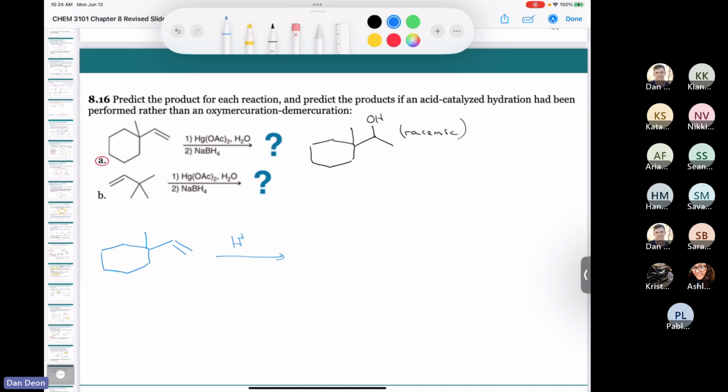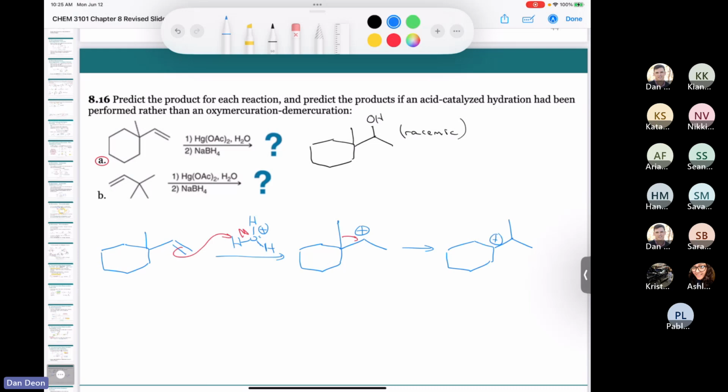If we have H+, which comes from our hydronium ion, like this, what's going to happen is we're going to get a proton transfer like this, and we're going to form this carbocation like that. Now this is going to undergo a methyl shift to give you a more stable carbocation, which is going to be this.